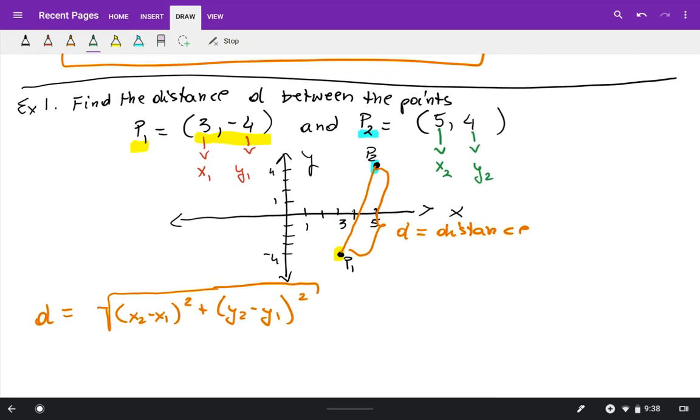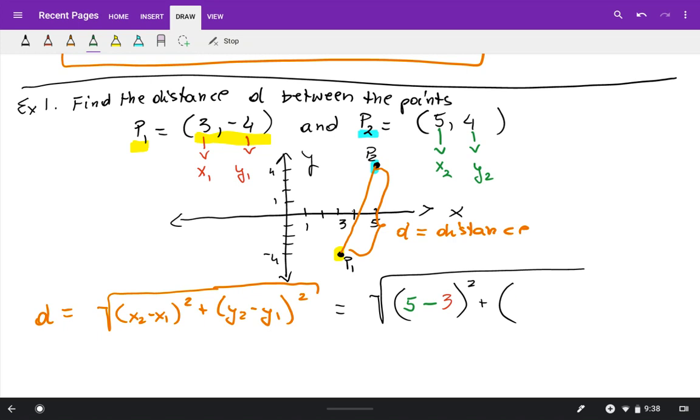So let's substitute. We have the square root and we have x2. Again, x2 was 5 minus x1, which is 3, in parentheses, and we're going to square it, plus y2 minus y1.